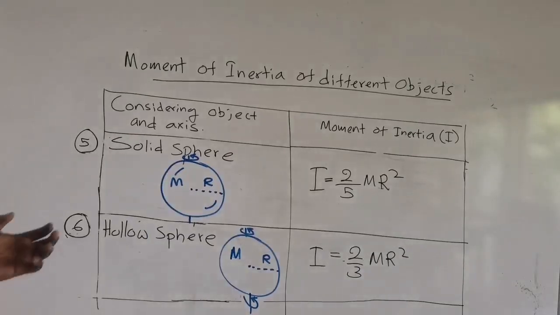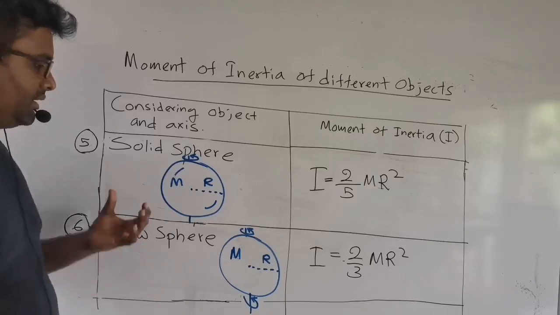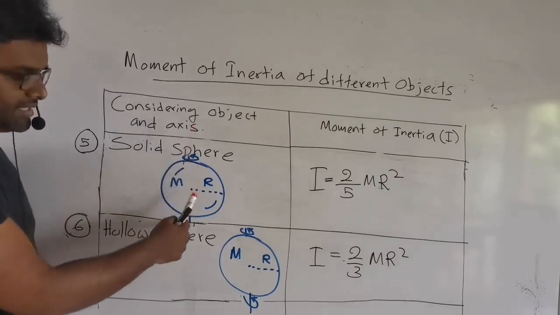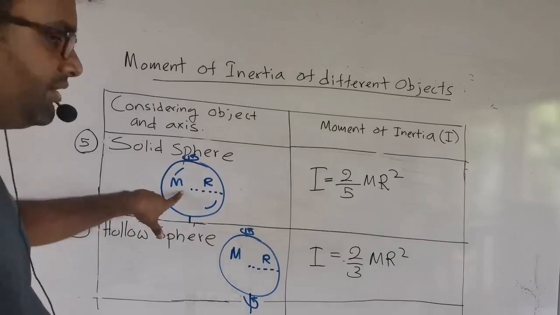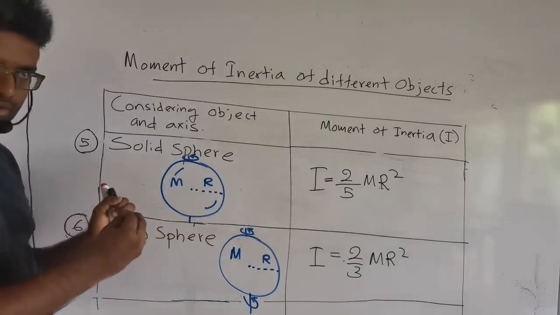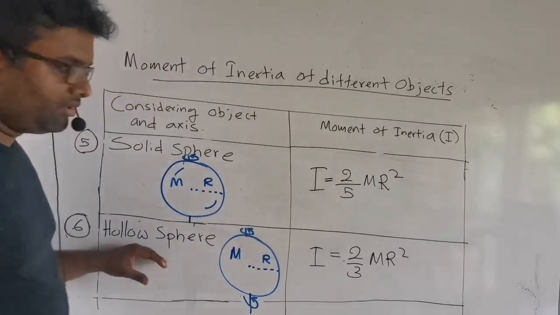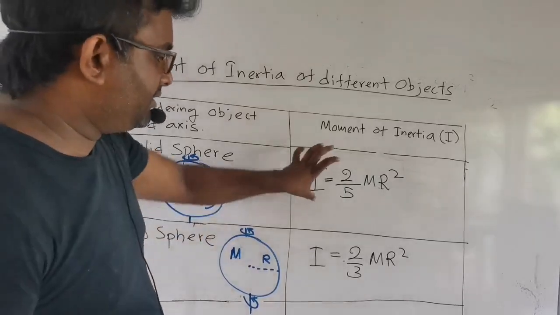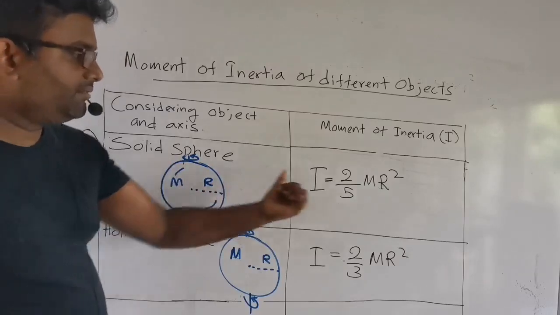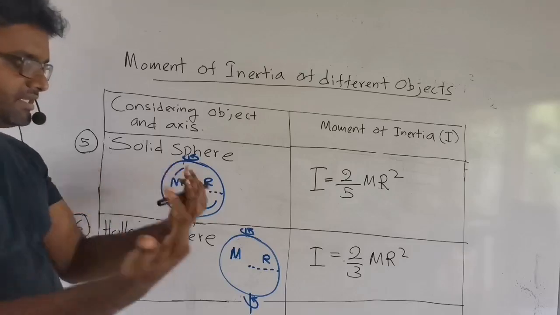Right, after that, solid sphere and hollow sphere, they have the same masses, right? Now when we consider the solid sphere, this is the rotational axis going through the center of the sphere, right? So there we have masses closer to the axis, therefore the I value is lower than that of the hollow sphere, right? මේකේ mass එක තියෙනවනේ මේ axis එකට ළඟින්, ඒකයි මේකේ I ගේ value එක අඩුයි මෙයාට වඩා. මෙයාගේ ඔක්කොම තියෙන්නේ thin shell එක, right?